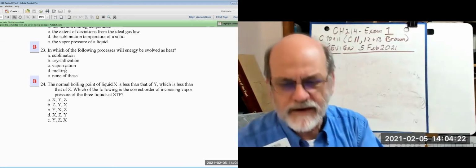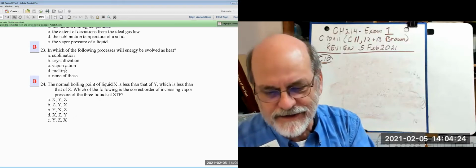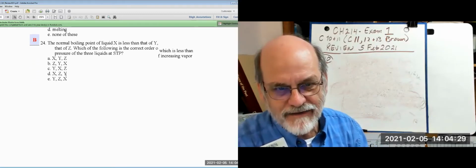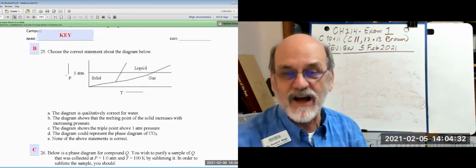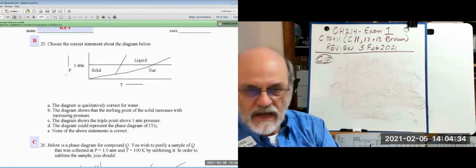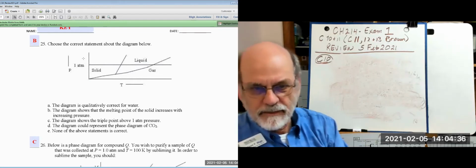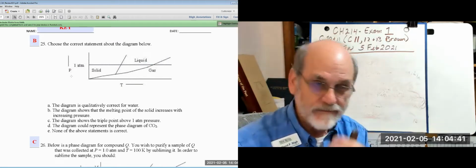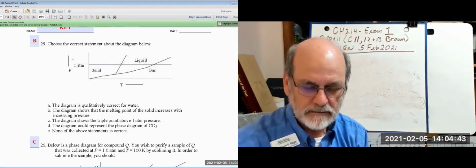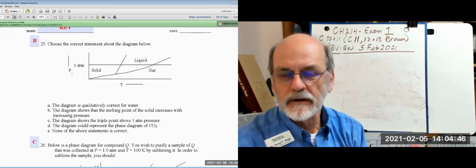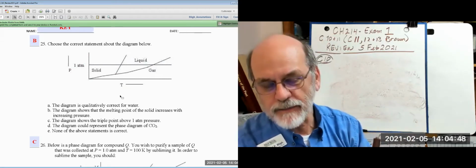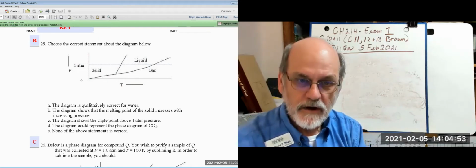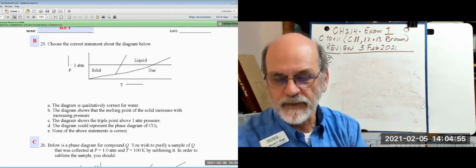Okay, I think we beat that horse enough. Let's move on to something else. Next page, 25. Okay, we're looking at a diagram here. Just so you know, pressure is on the ordinate, the y-axis, and temperature is on the x-axis, increasing from left to right, and pressure increasing from bottom to top.